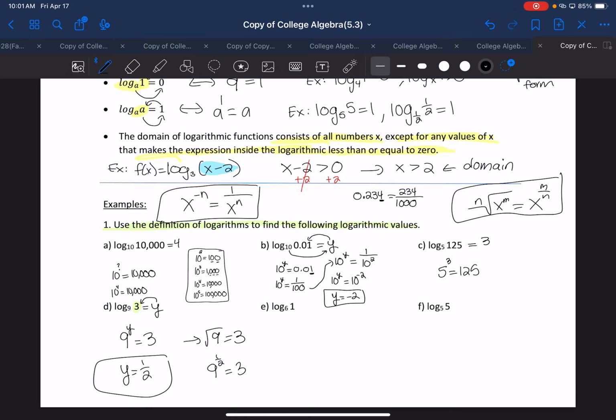So that one was equal to 1/2. Couple of examples of that, like the cube root of x is equal to x to the 1/3. The fourth root is equal to x to the 1/4, and so forth.